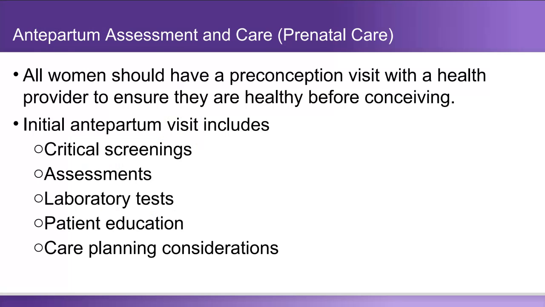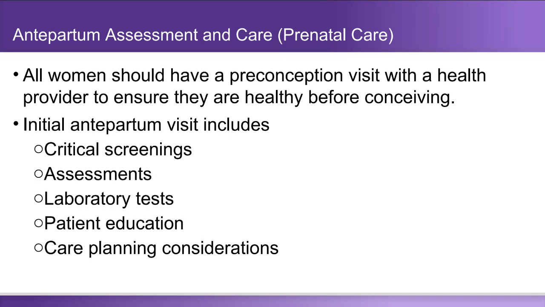So let's talk about antepartum assessment and prenatal care. Ideally, we really do encourage all women to have what's called a preconception visit. This is a visit with their healthcare provider before they get pregnant. It's a great way to get your body into optimal shape for pregnancy.